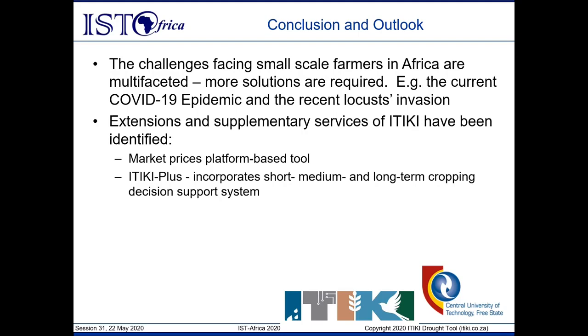This is also both for their farm inputs, and sometimes they get exploited by middlemen. So in the coming year, we'll be able to provide market prices as a freemium for the farmers who are already using ITIKI drought prediction. This will enable them to get to the market easily.